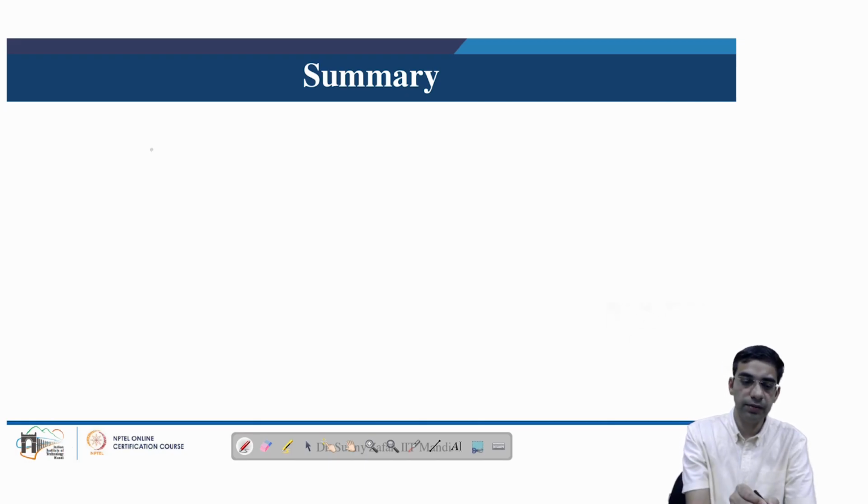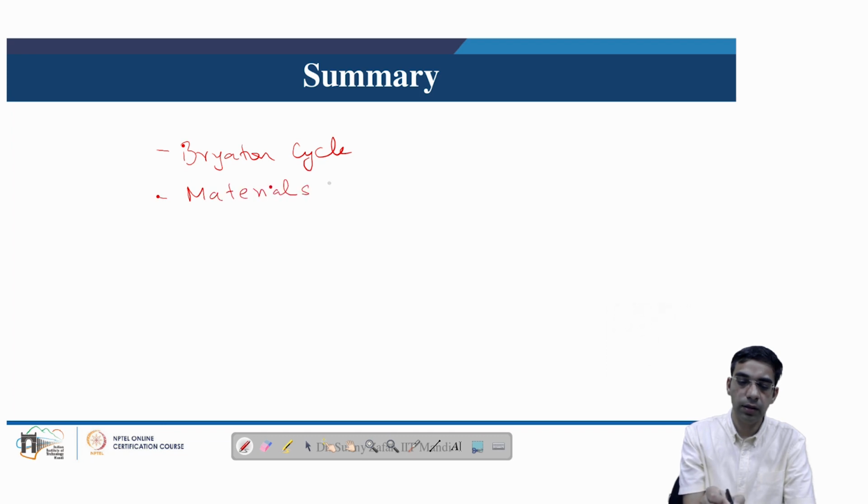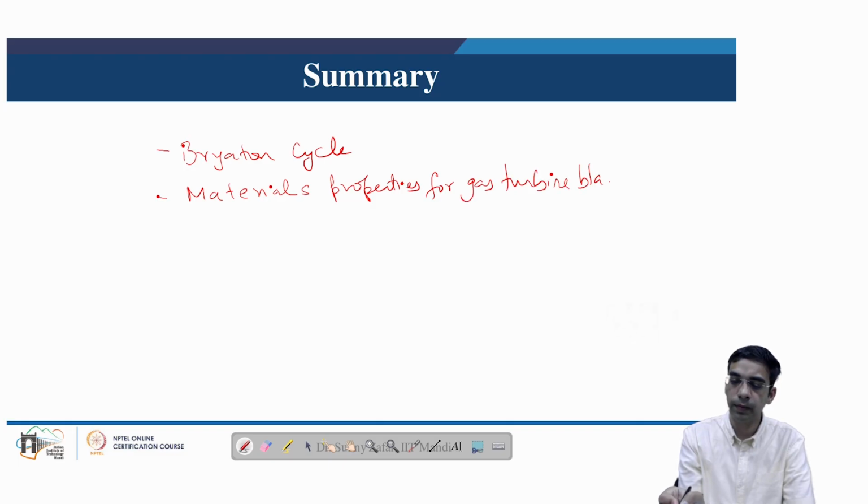We will now summarize what all topics are covered. So in today's lesson we have covered the Brayton cycle, that is the thermodynamic cycle on which the gas turbine blade is operating. We have looked at material properties for gas turbine blades. We have looked at superalloy, what is a superalloy.